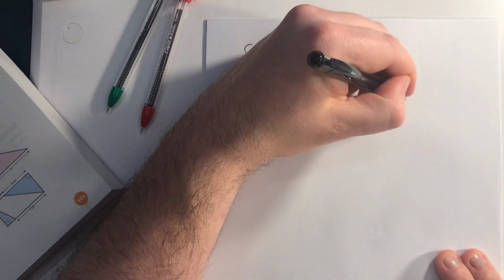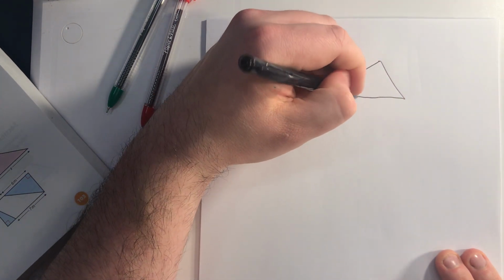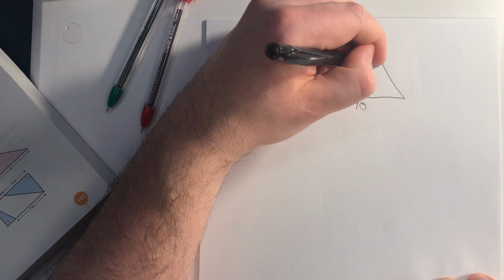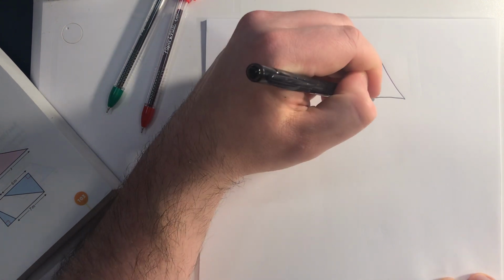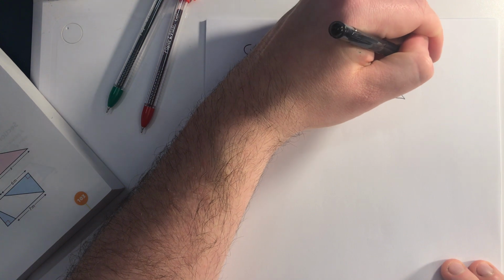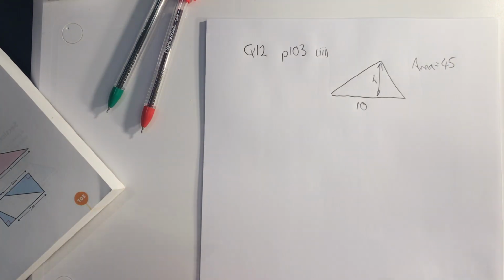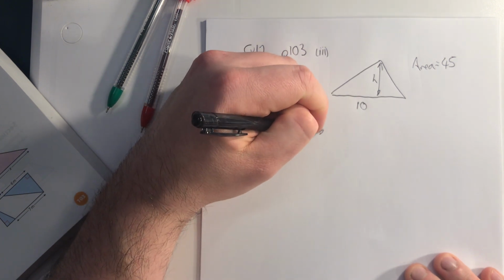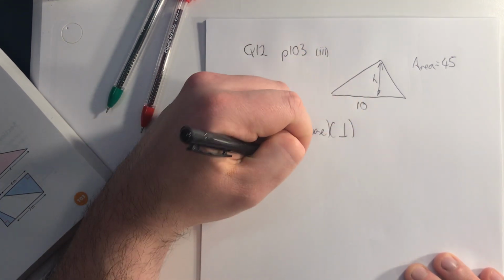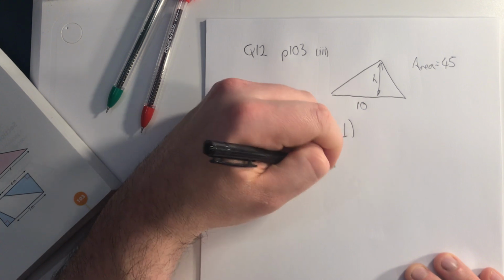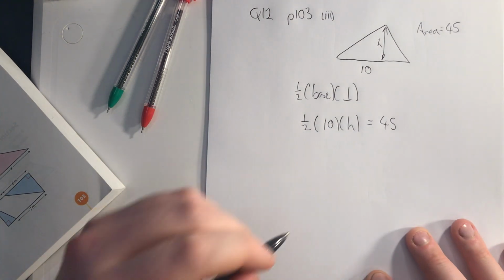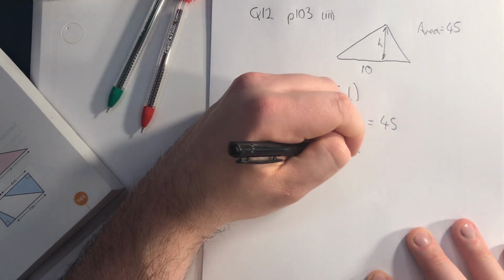And we're told its height is h, and we're told area is equal to 45. So a half the base by the perpendicular height, so it's a half times 10 times h is equal to 45. So therefore 5h must equal 45.